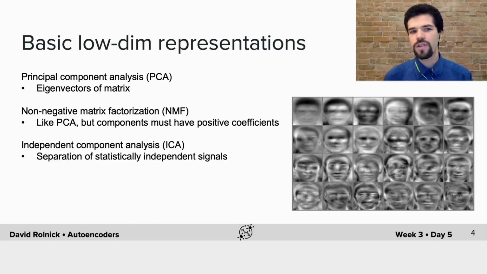A third approach is to use independent component analysis, ICA. And here, the idea is that you're trying to separate statistically independent signals. If you have multiple signals that are statistically independent of each other, they can come together to form something that seems like noise. For example, if you're in a crowded restaurant and you're listening to lots of different conversations, then the sum of all the conversations can sound like noise.